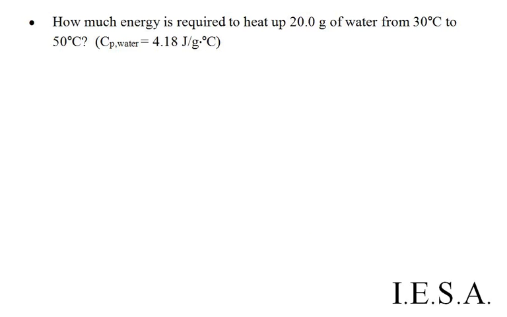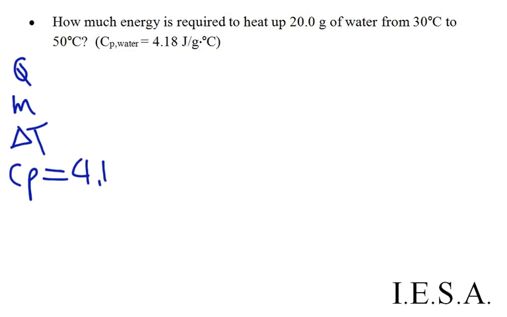Let's try a couple of problems. We start off and say, how much energy is required to heat up 20 grams of water from 30 degrees to 50 degrees, and the heat capacity for water is 4.18 joules per gram degree. Now, by our IESA, first thing we want to do is identify our variables. So we have Q, we have M, we have delta T, and we have C sub P. We can see in our problem that C sub P is 4.18 joules per gram degree.